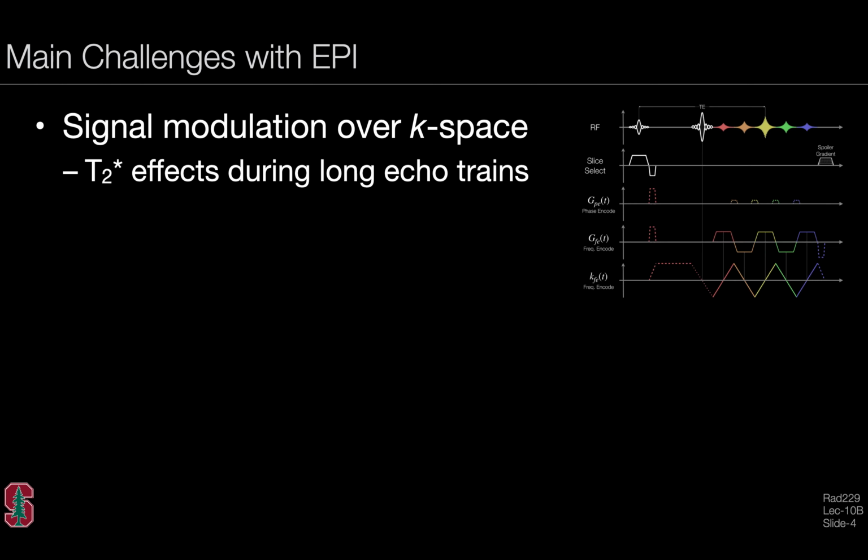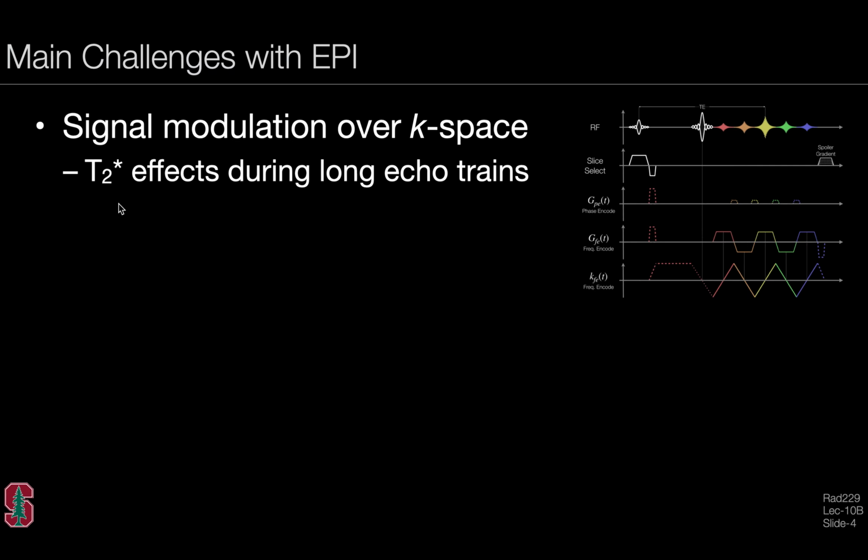Amongst the many challenges in EPI imaging include the following. There's a signal modulation over K-space that occurs during the acquisition. Recall that in echoplanar imaging, we're acquiring many echoes, perhaps as many as 100 or more, and the signal is decaying during that period of time, either with a refocusing pulse or sometimes in the absence of refocusing pulse.